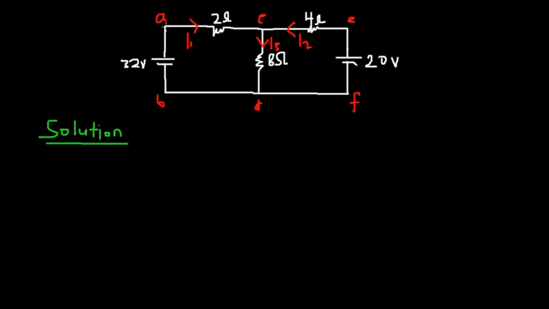Let's choose loop A C D B A. A C D B A. Let me change the color so that it will match with the loop. So we have A C D B A. Yes, that's our loop. This is how it's going to look.